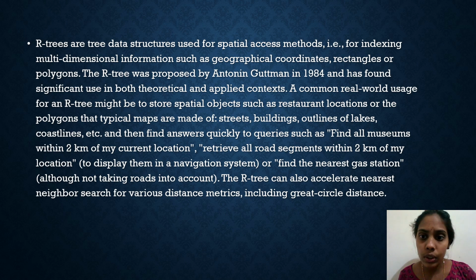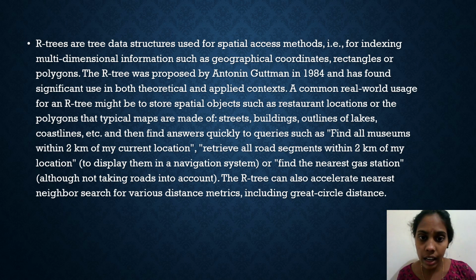A common real-world usage for an R tree might be to store spatial objects such as restaurant locations or the polygons that typical maps are made of: streets, buildings, outlines of lakes, coastlines, and so on.